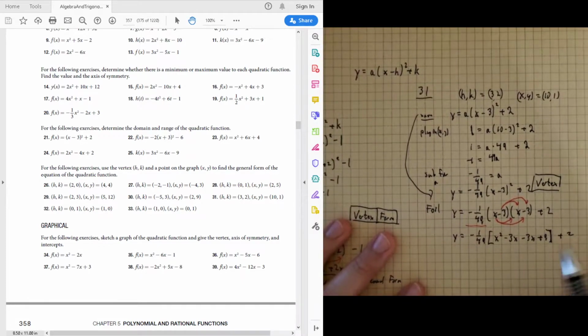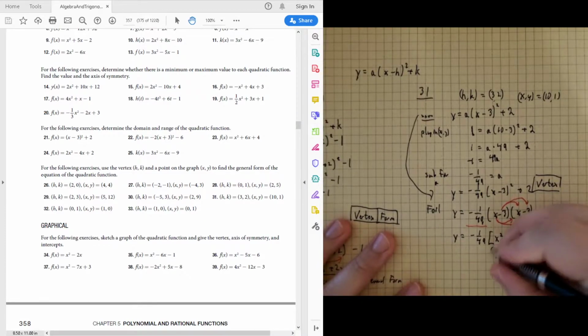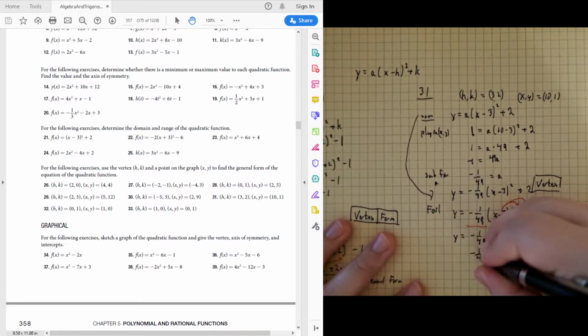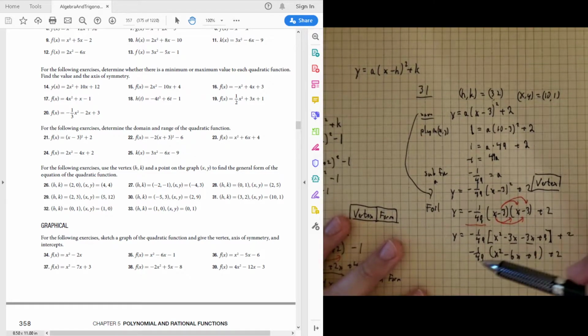Okay. Now I can simplify in here. Negative 3x and negative 3x makes x squared minus 6x plus 9. And now I'm going to multiply and distribute this negative 1 over 49.